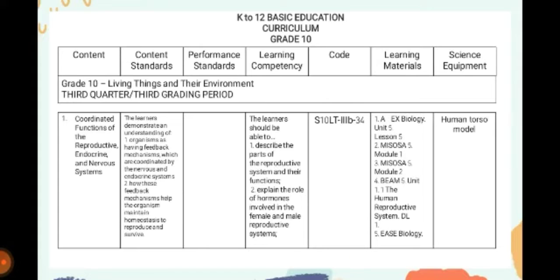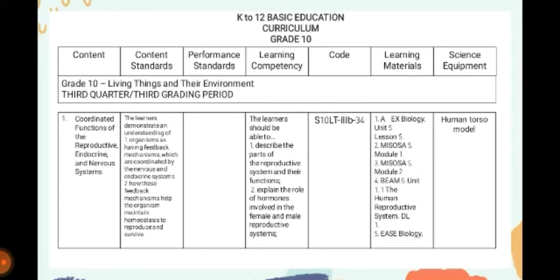We have here columns and labels. First, the content for Grade 10: the coordinated functions of the reproductive, endocrine, and nervous systems. Actually, we have four topics here, but since they didn't fit, we'll just show this for now.